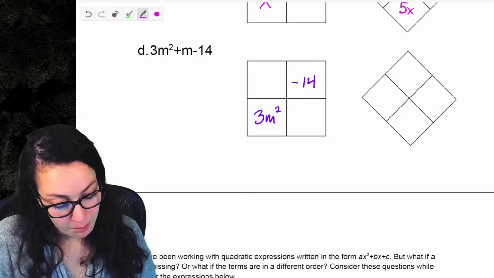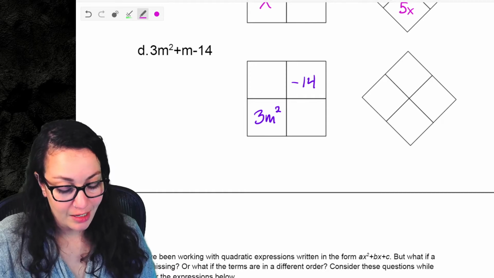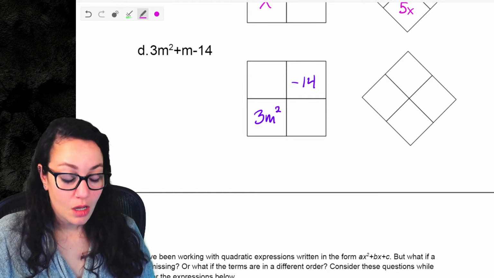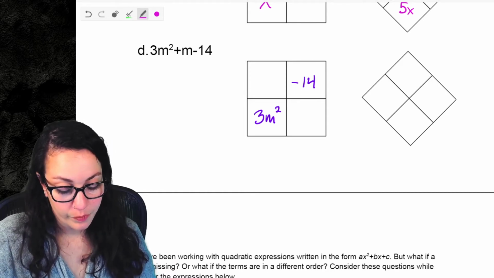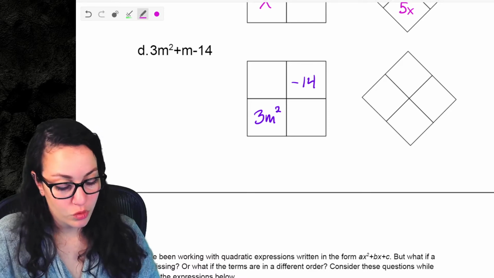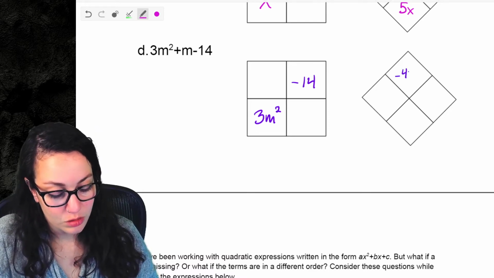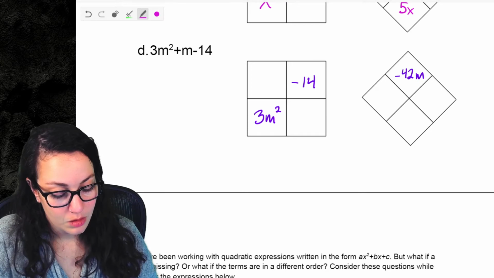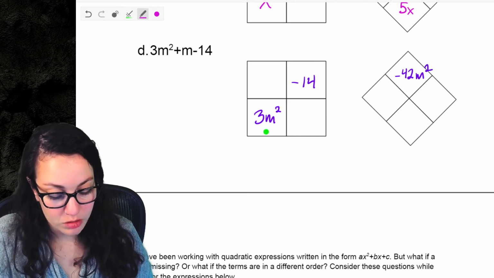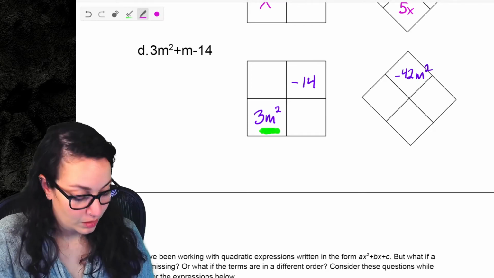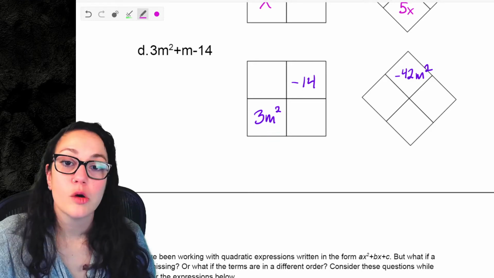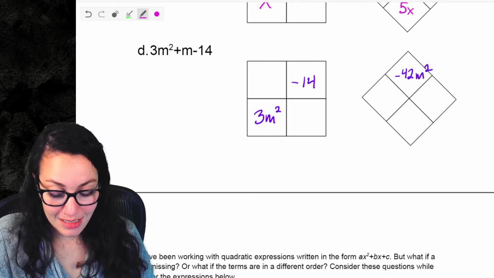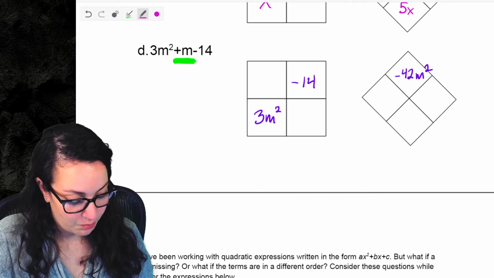So we're going to multiply 3 times -14 to put in the top of our diamond. So 3 times -14 is -42m squared, right? Because that m squared tags along with us. Then we know we're looking for those factors to add to +1m.